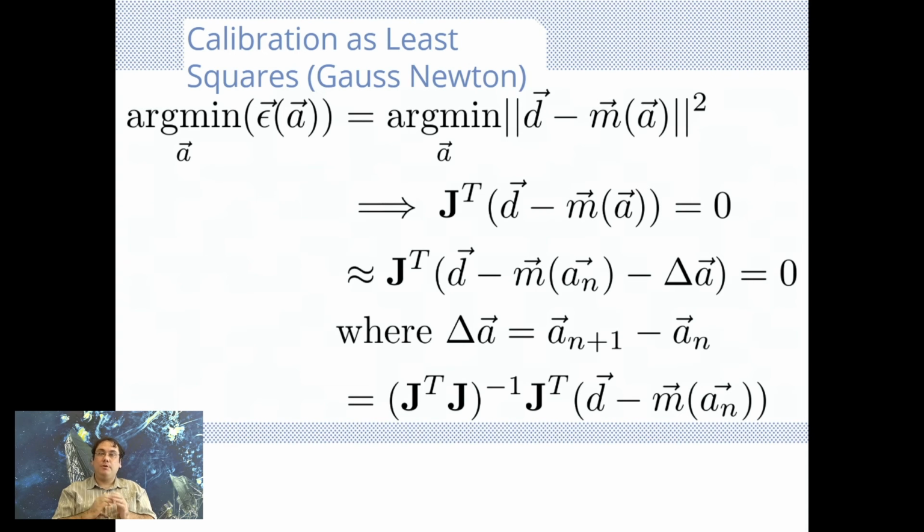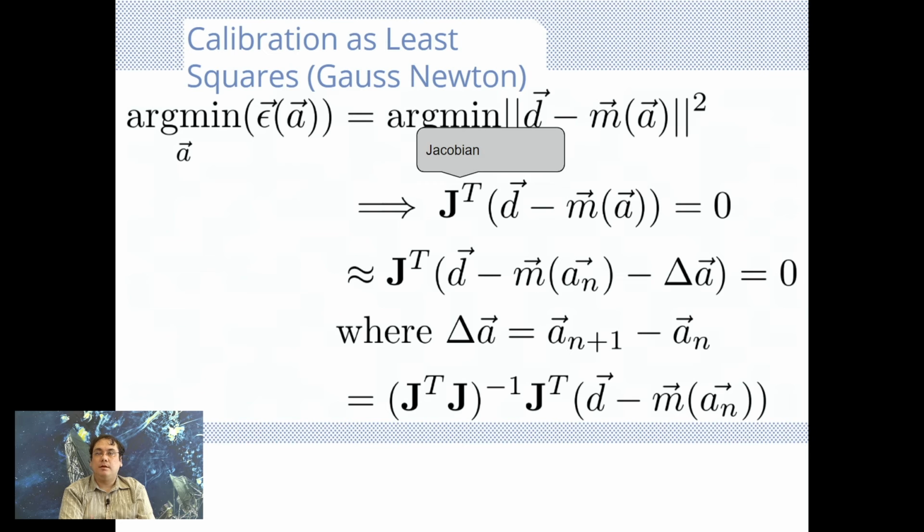Now, you're seeing here that we are trying to minimize the error function, indicated as epsilon over here. So we are taking the minimum between a data vector and a model vector as it's affected by gains. You can see that the model vector is parameterized by this A vector, which is just a series of gain terms, you can think of it. All right. So this describes the error function.